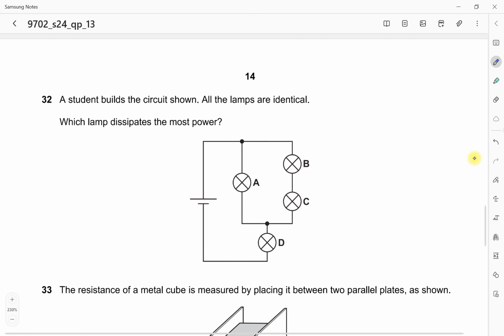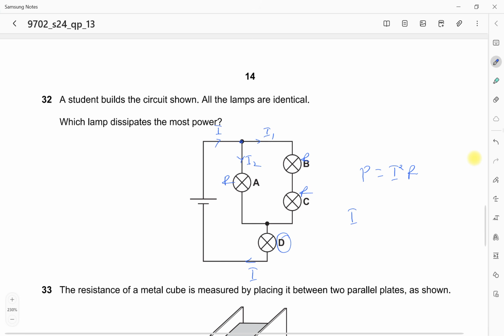Because they are identical, they have the same resistance, let's say R. So the lamp which receives more current should dissipate more power, because power dissipated is equal to I squared times R. So the answer is going to be D, because the current through this lamp here is going to be the total current flowing here. When it reaches this junction, part of it takes this path and part of it takes this path.